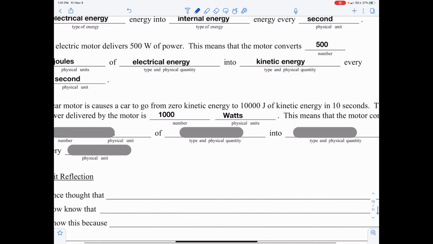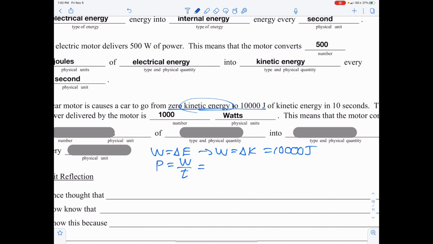Well, the change in kinetic energy is the work. Remember, work is equal to a change in energy, and what's changing is the kinetic energy here. So work is equal to the change in kinetic energy, which is 10,000 joules. Power is the work divided by the time, or the rate at which work is done.